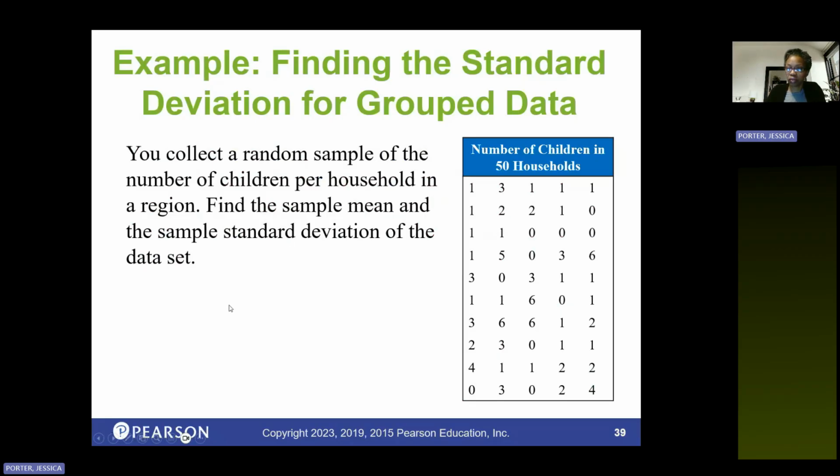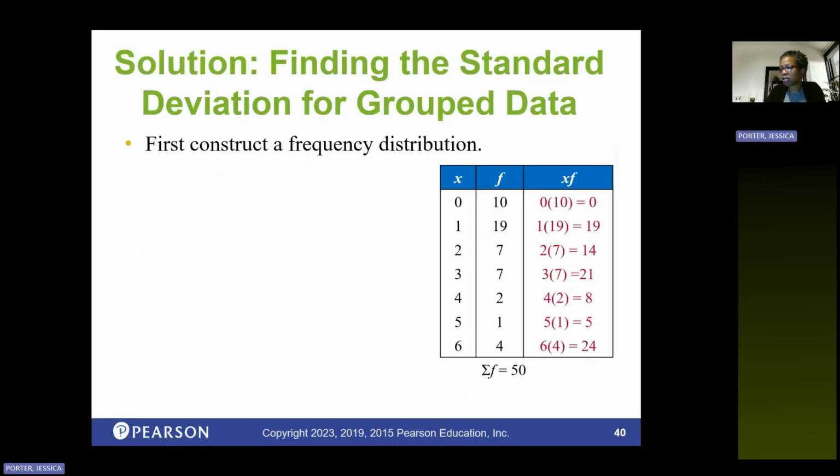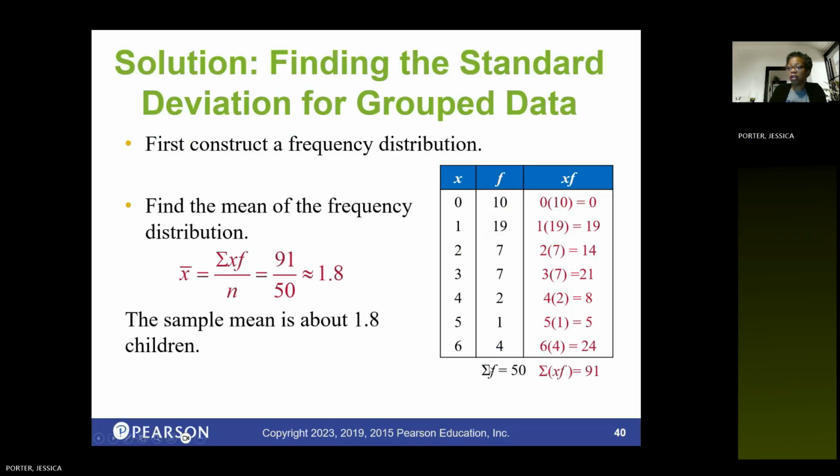Now, let's walk through the process. Remember the sample mean from what we had before. We're going to multiply the number by its frequency and then divide by the number of points in the data set. That gives us about a 1.8, and that's what we did in the last section.